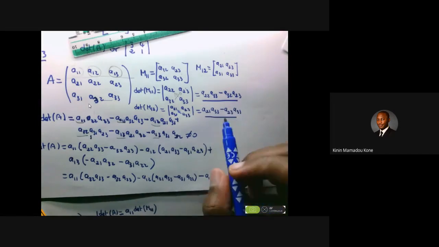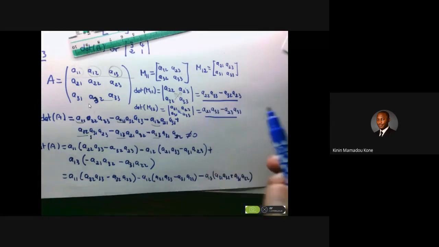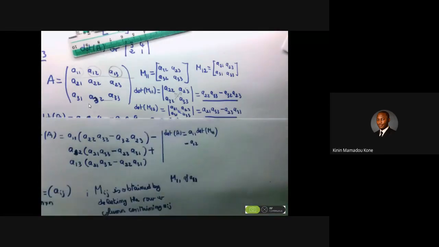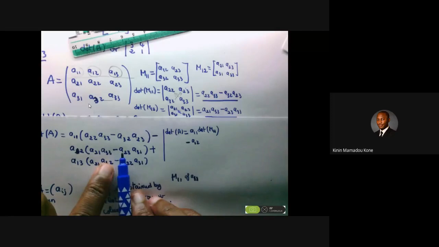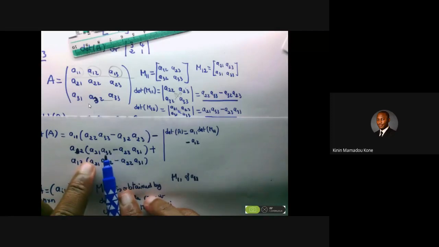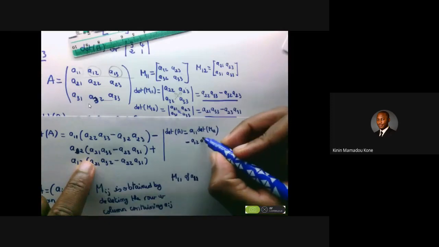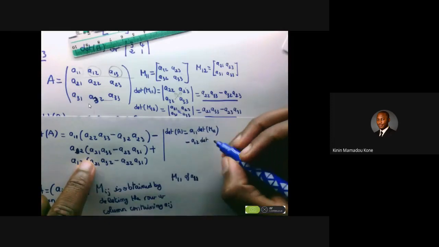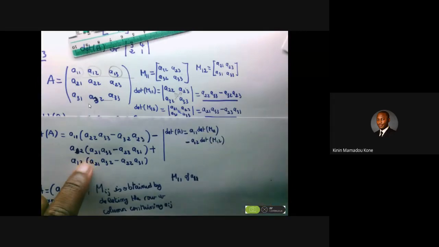So we can notice that this value that we found over here is equal to this value over here, with a minus sign multiplied by the determinant of M12.